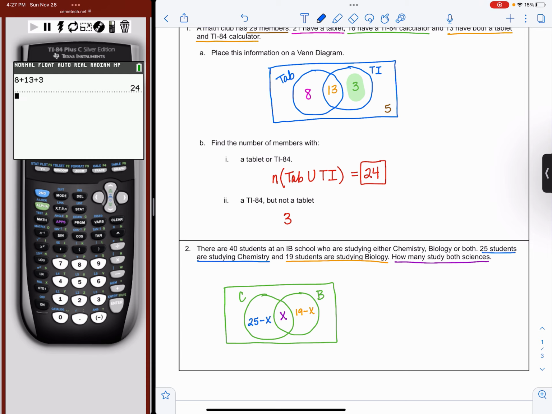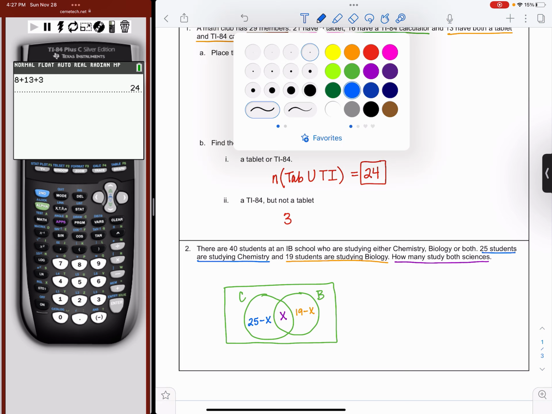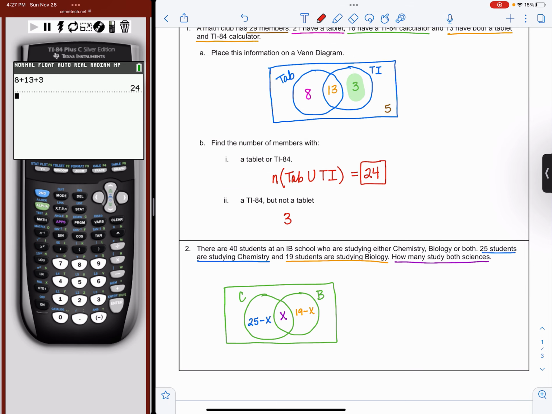All right, and then they say that there are 40 students in an IB school who are studying, okay, total. So that means that I can create my equation. I could say 25 minus x plus 19 minus x should be equal to 40. When I do that, I can simplify by combining like terms.